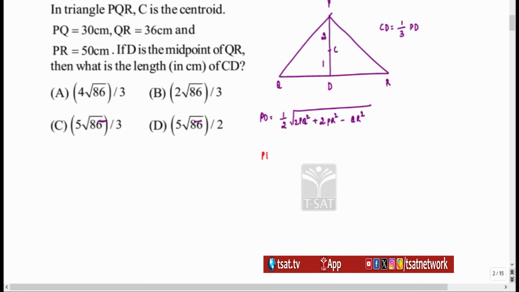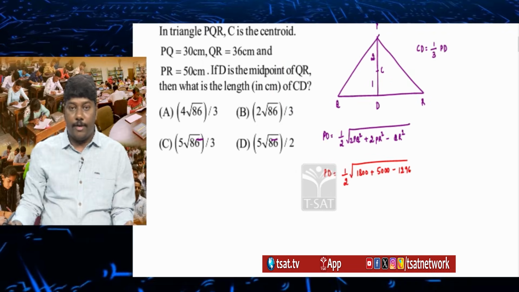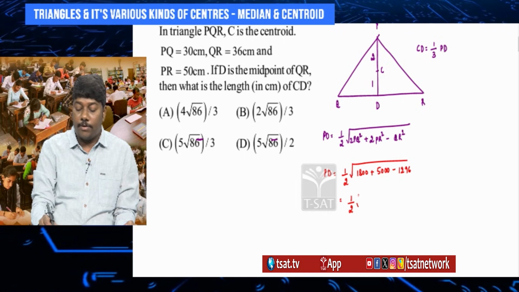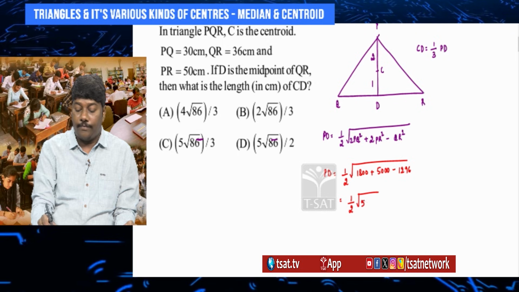PD is equal to half of the square root of 2 into 30 square, that is 1800, plus 2 into 50 square, that is 5000, minus QR square 36, that is 1296. 1800 minus 1296 is 504. Half of the square root of 5000 plus 504 gives you 5504.